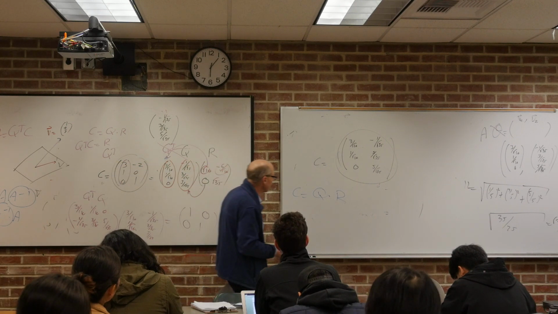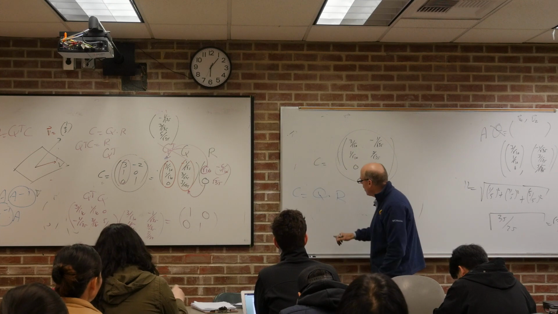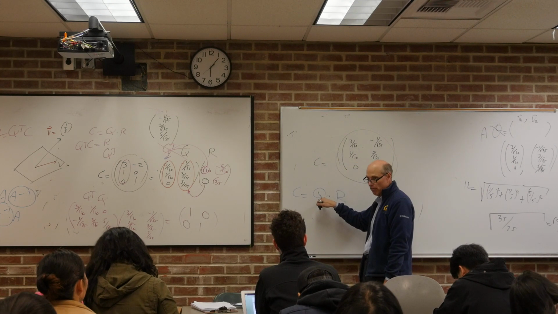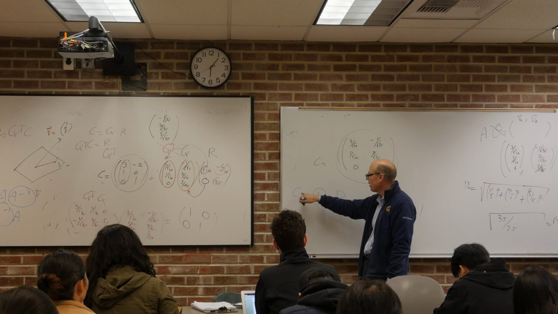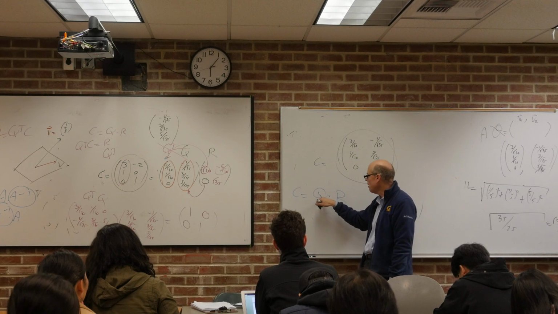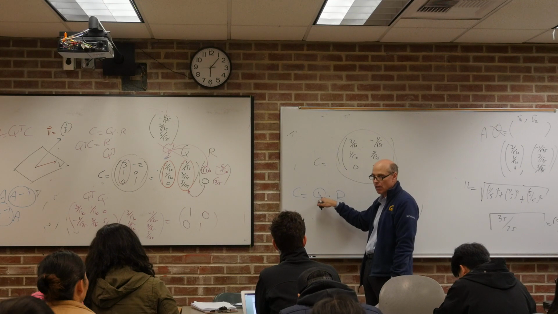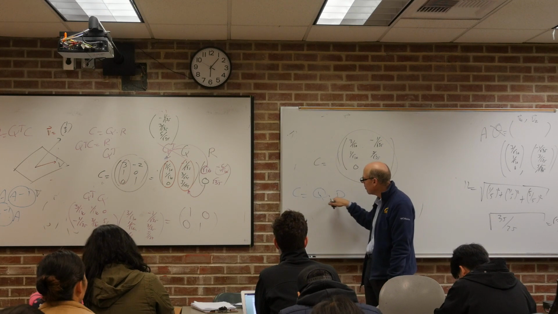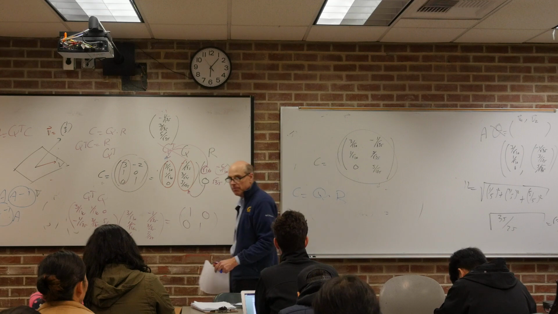The columns of Q form an orthonormal basis for the space spanned by the columns of C, so C and Q have the same column space. And then R is the matrix that makes the factorization work out, and R ends up being upper triangular.